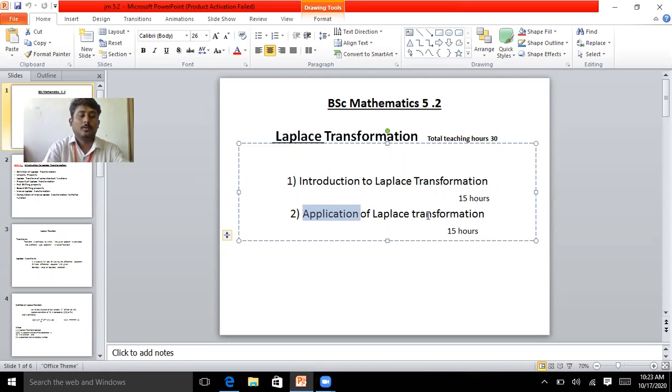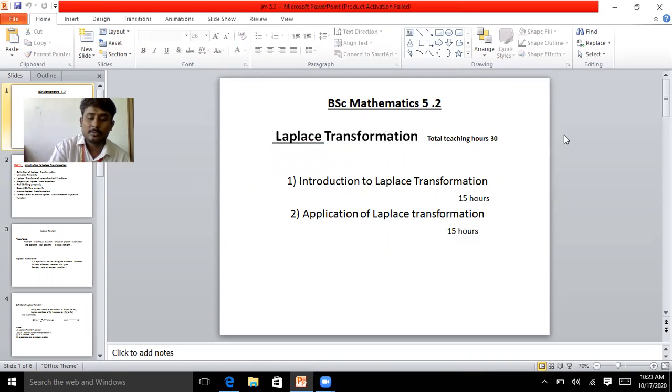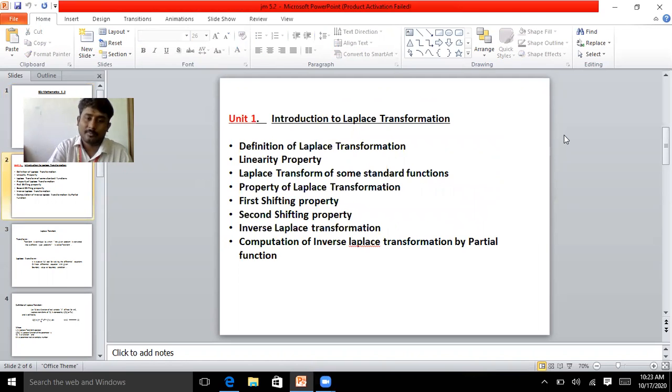Now we start the first unit, that is Introduction to Laplace transformation. It takes 15 teaching hours and carries 30 marks.